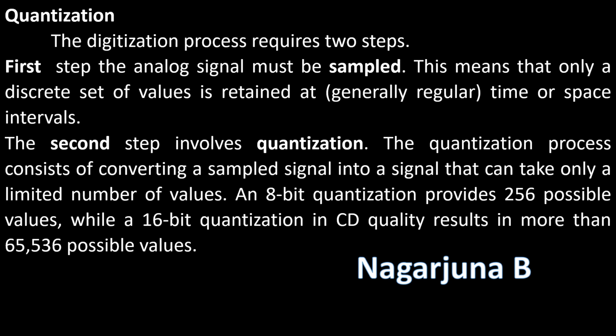An 8-bit quantization provides 256 possible values. How do we get 256 possible values? 2 to the power 8 equals 256. That means when we perform quantization at 8 bits, there are 256 possible values, while a 16-bit quantization in CD quality results in 2 to the power of 16, which equals 65,536 possible values.